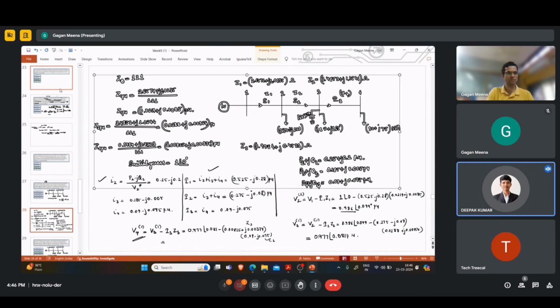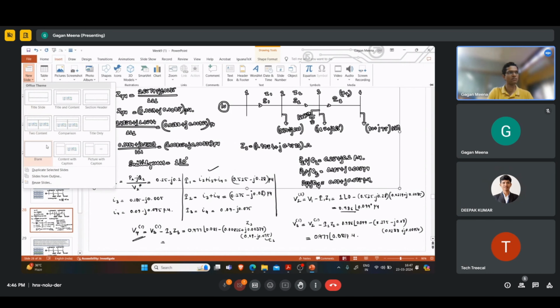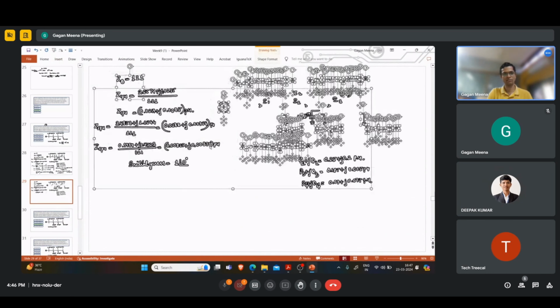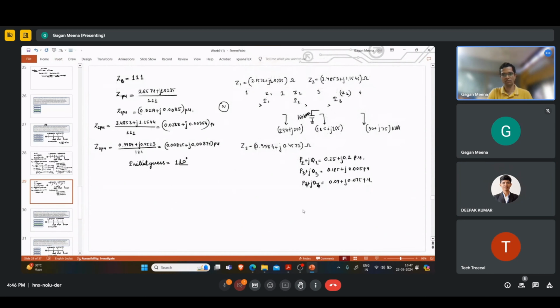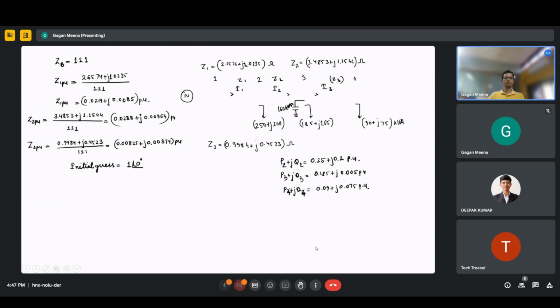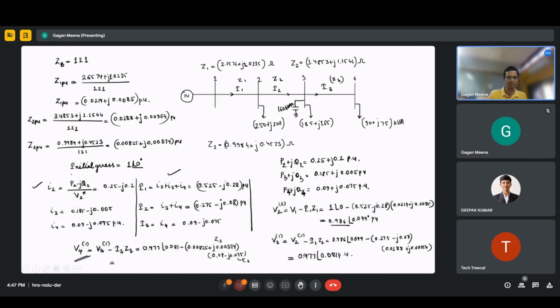So this I am getting 0.975, angle of 0.097.